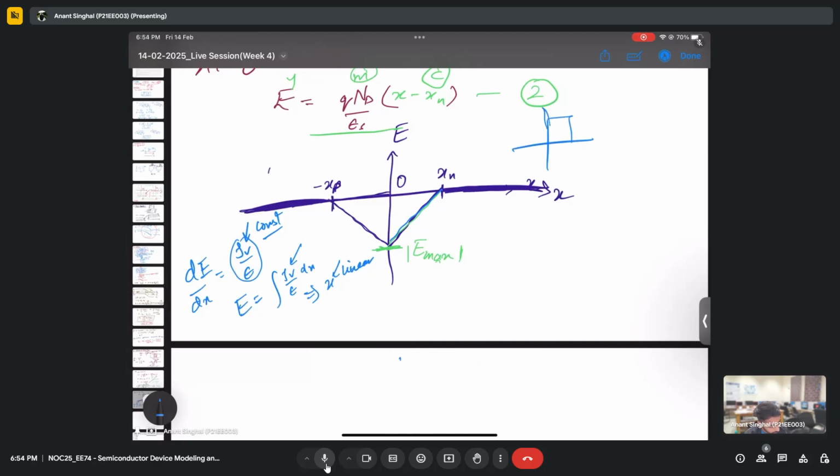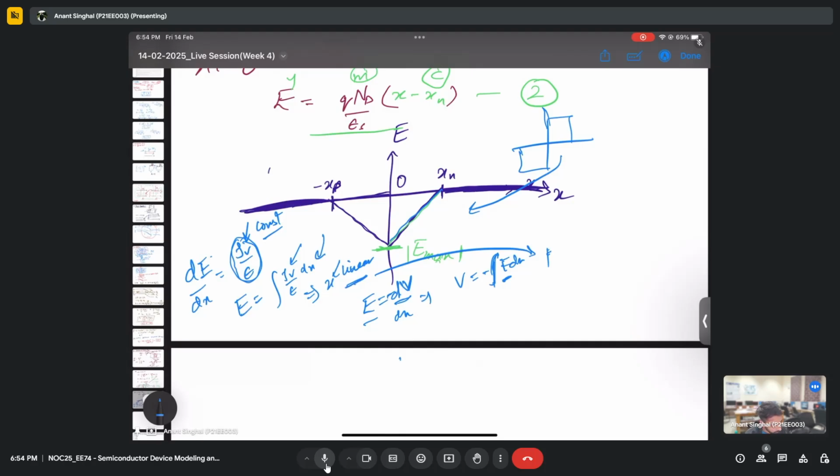The potential part we understand: we replace the x term and then we get the value of the electric field. Similarly, if I integrate once more, because what we know is E is minus dV by dx, so V is the integration of minus E dx. Once we integrate the constant, we get the electric field, which is linear.